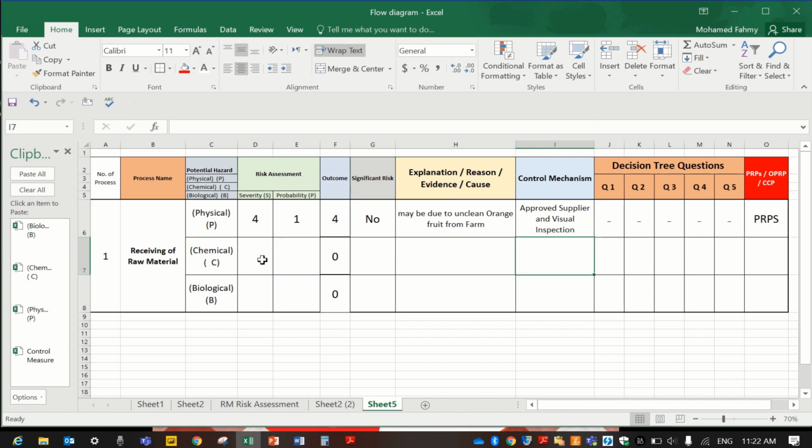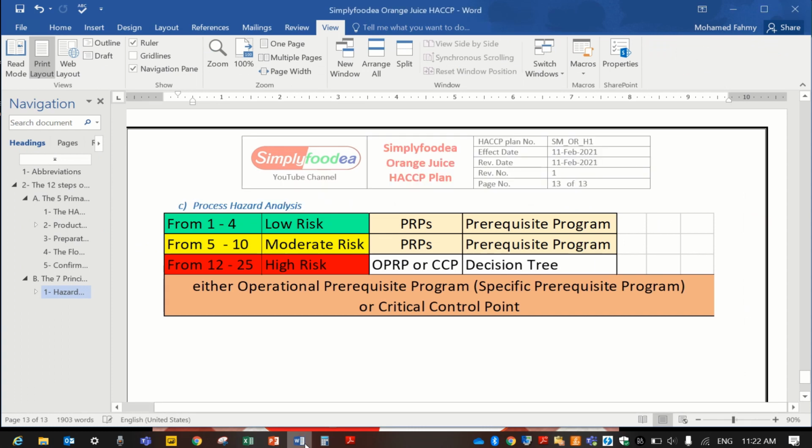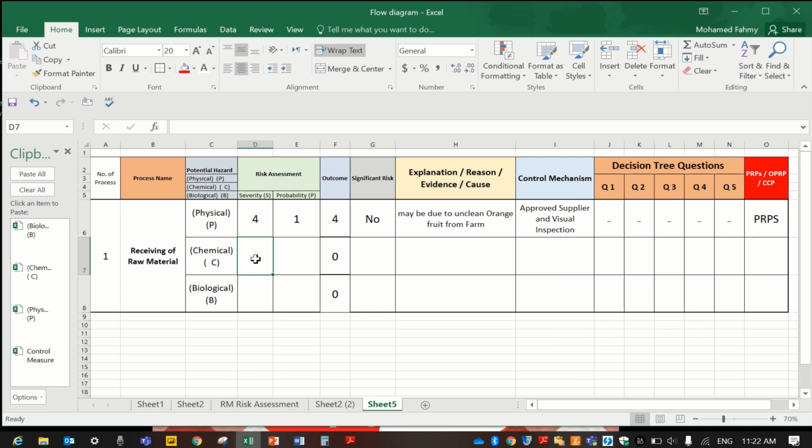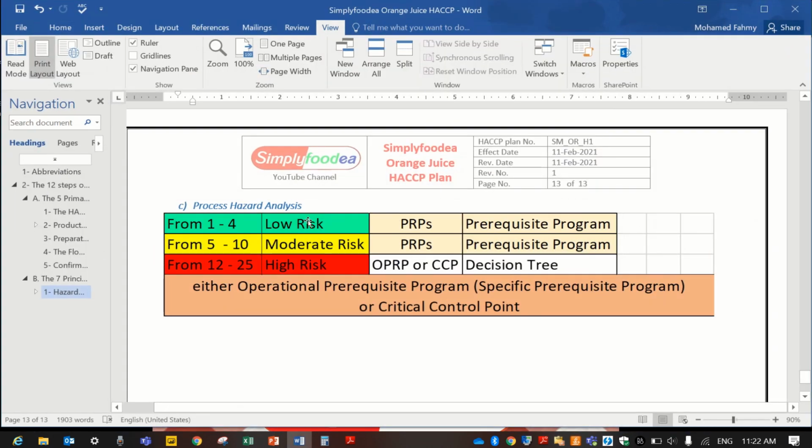The second one is the chemical hazard, for example, severity 3 multiplied by probability 2. The result will be 6, so it's not significant risk, because we have mentioned that if it is low risk or moderate risk, it's not significant risk. It is significant risk when the multiplication result between severity and probability is 12 to 25.